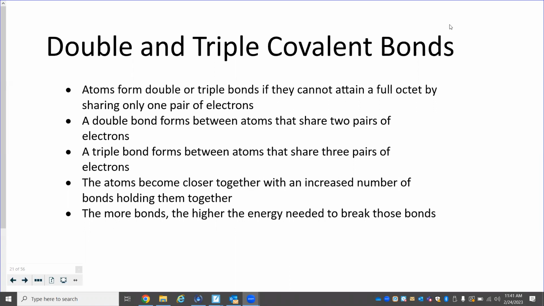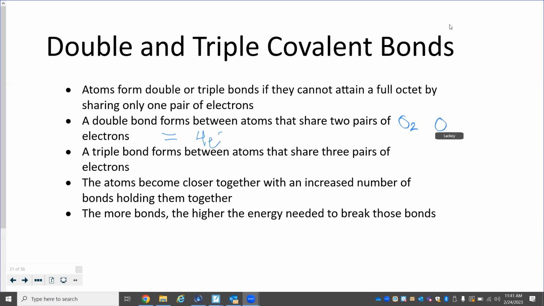A double bond forms between atoms that share 2 pairs of electrons. So that will have a bond with 2 lines, which, remember, each line was 2 electrons. This will represent 4 electrons. A diatomic that's held together by a double bond is oxygen.